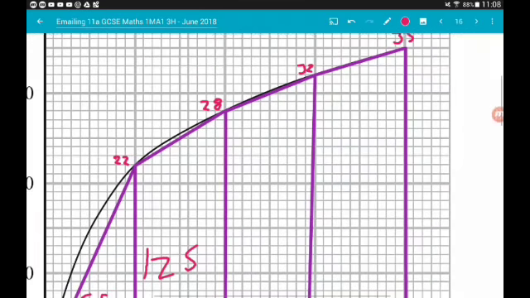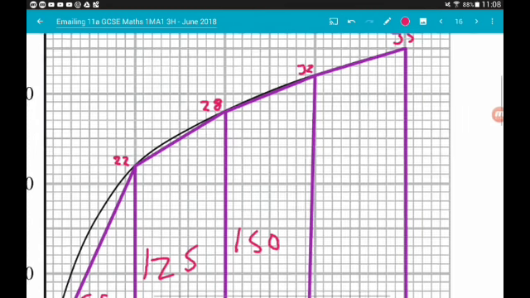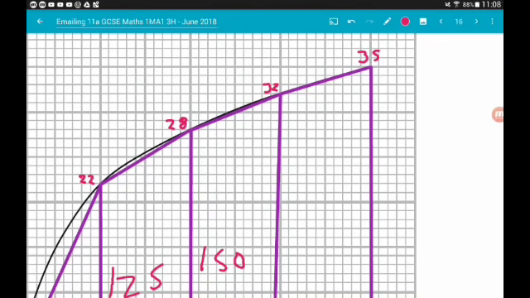Second trapezium, A and B are 28 and 32. So 28 add 32 is 60. Multiply that by 5, we get 300. Divide that by 2, we get 150. And then the last one, A is 32, B is 35.